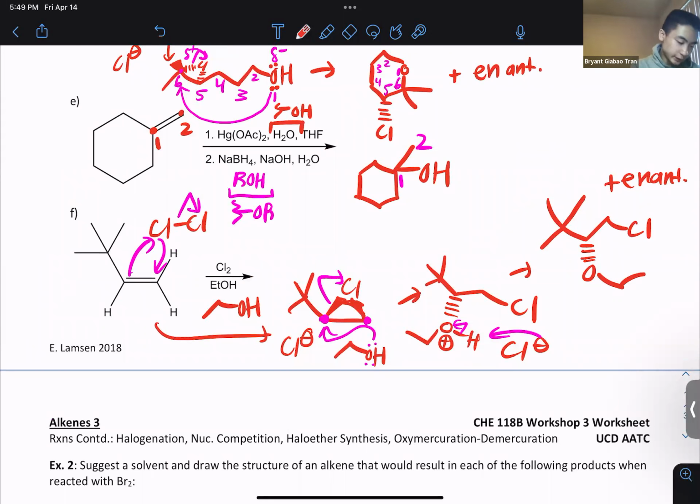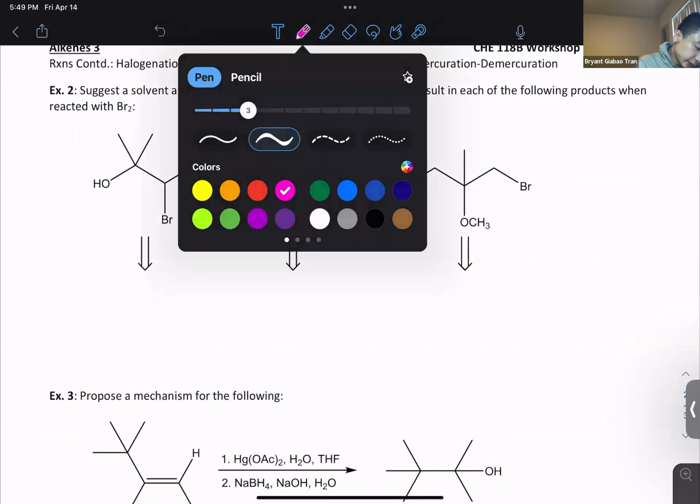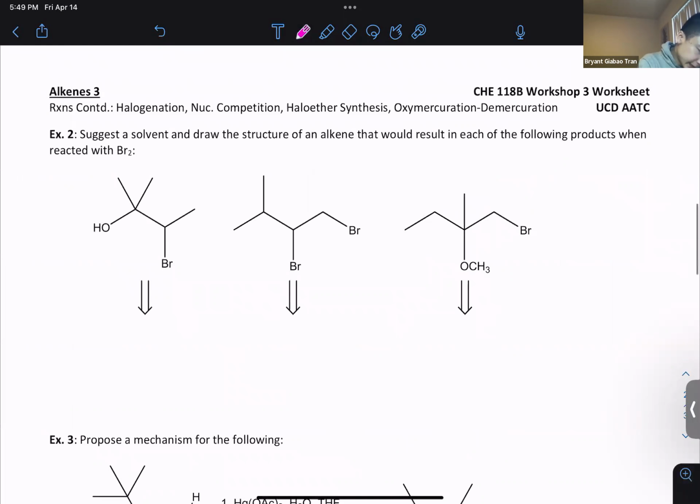So now let's go over to the next problem. Suggest a solvent and draw the structure of an alkene that would result in each of the following products when reacting with Br2. So we see here, in each of these cases, we have vicinal relationships between a bromine and an alcohol, or bromine with a bromine, or bromine with an alkoxy group. So we could infer that the carbons between them came from the double bond here.